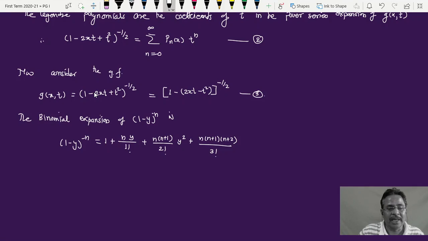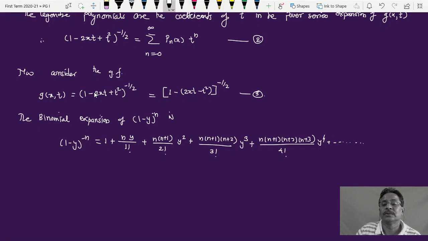The next term is n(n plus 1)(n plus 2)(n plus 3) divided by 4 factorial, multiplied by y raised to 4, and so on.